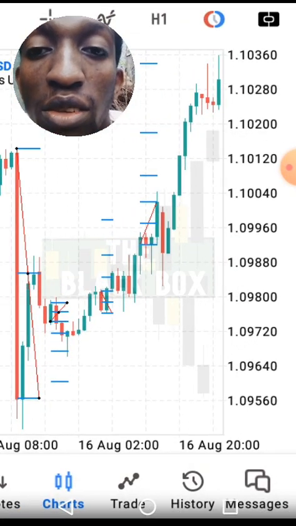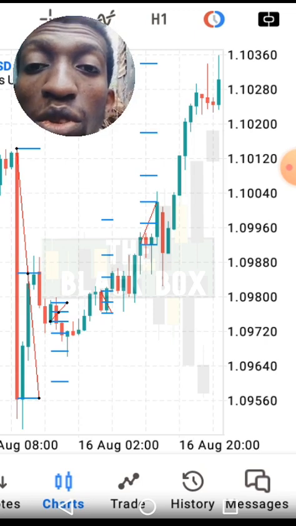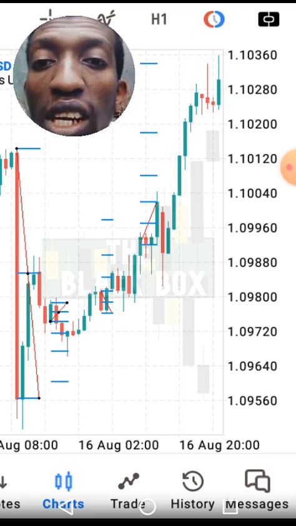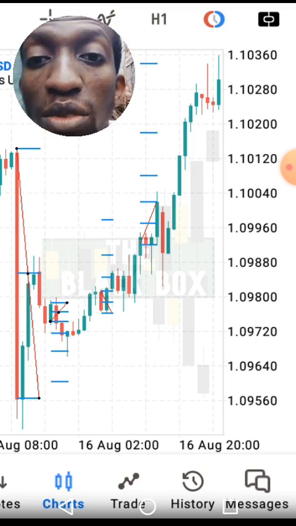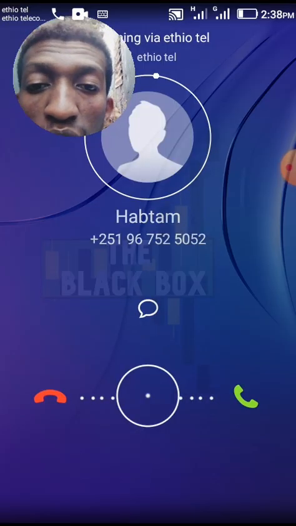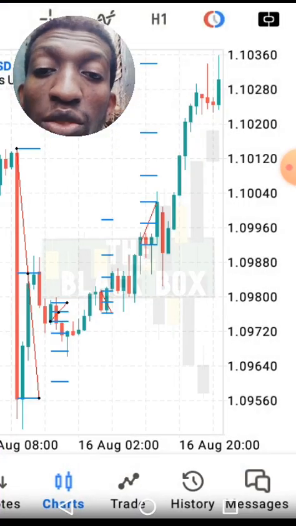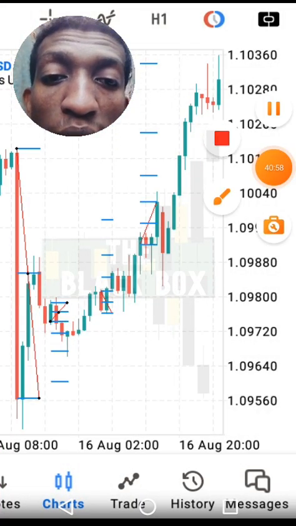Because that place, that low and that high, there is a lot of liquidity resting up there. So they want to disrupt that one and get everyone out. And they want to be the only ones who will be buying or selling.